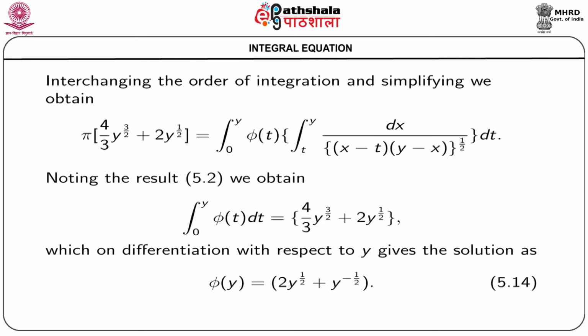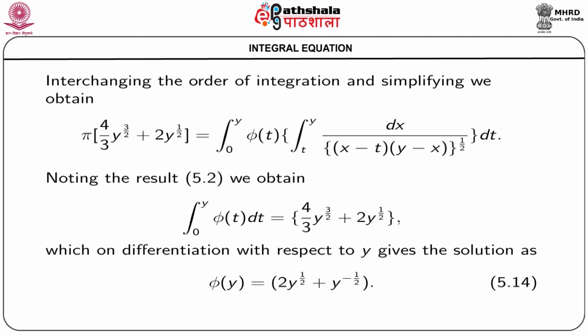As before, we interchange the order of integration to obtain the expression given by pi into (4/3 y to the power 3 by 2 plus 2 root y) equal to the expression given on the right hand side.